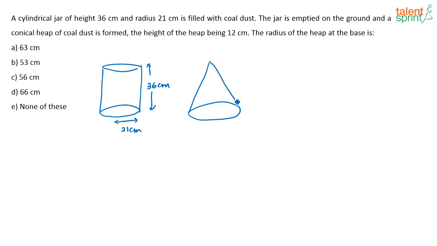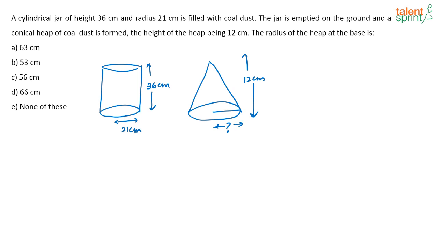So there is a heap of coal dust in the form of a cone, and the height of this heap is 12 centimeter. Sorry, height is 12 centimeter, not the radius, correct? The radius of the heap at the base is dash. You have to find out what this radius is.